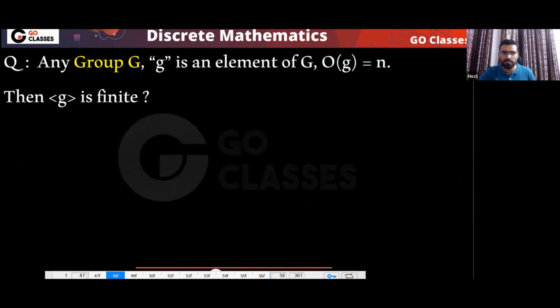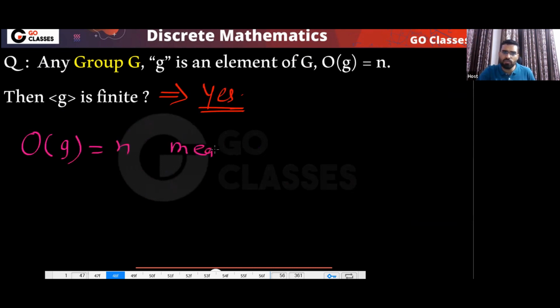Okay, let's move on and let's see this question. So tell me the answer. Any group G, g is an element such that order of g is equal to n. Then can I say the subgroup generated by g is finite? Yes, of course, because you are saying that order of g is equal to n.